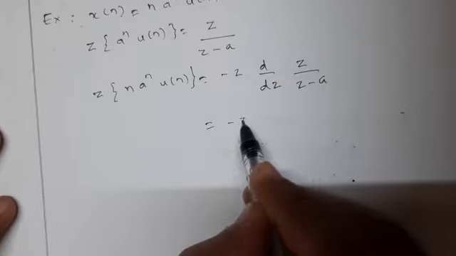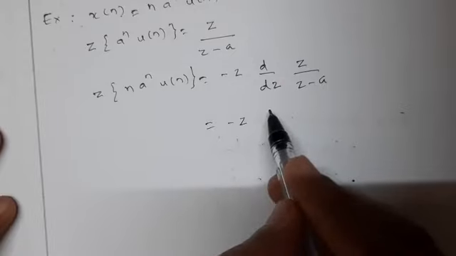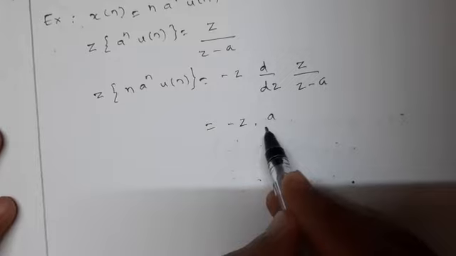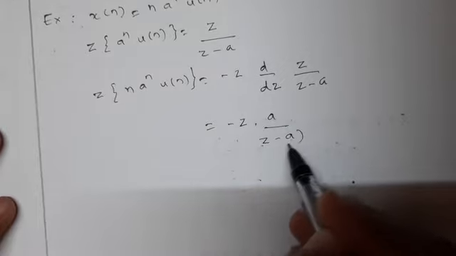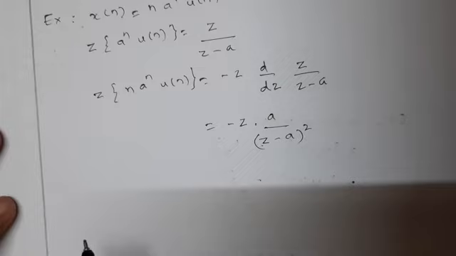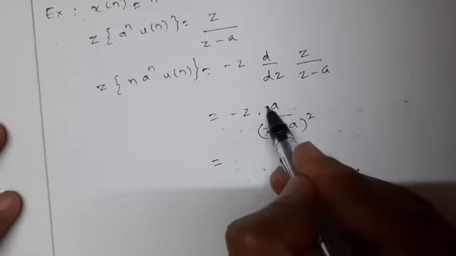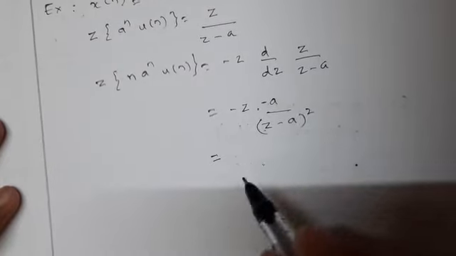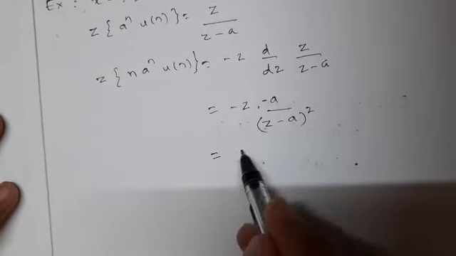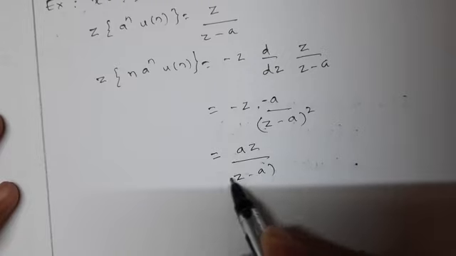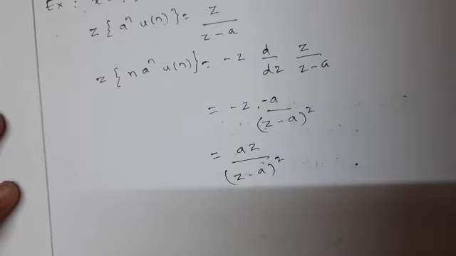Solve similarly, where you will get a divided by z minus a square. So finally you get minus a divided by z minus a square. Differentiate, similar to the previous example. So you get az divided by z minus a square. This is another example where you need to find z transform using the properties of z transform.